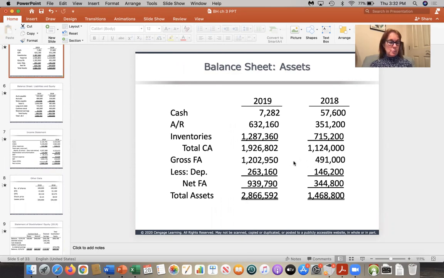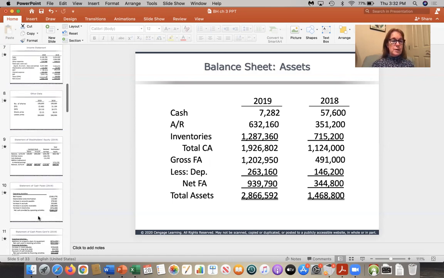That's how they're getting that number. So if you take $1,202,950 minus 491, that's $711,950. So for investing activities, they invested an additional $711,000 in fixed assets. So that's how they got that number.